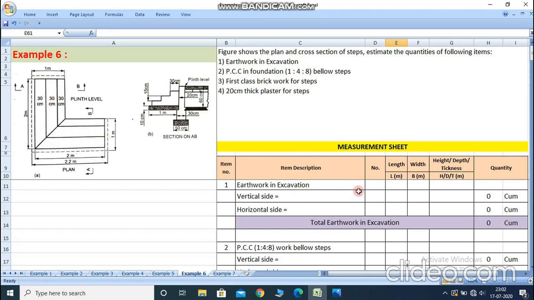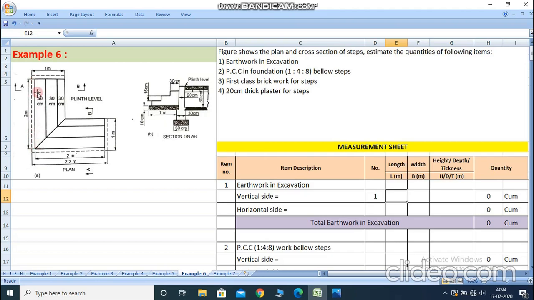Now, for the vertical side, only a single vertical side is given, so we write here 1, and the total length we calculate is 2 meter, already given from one step corner to another corner.